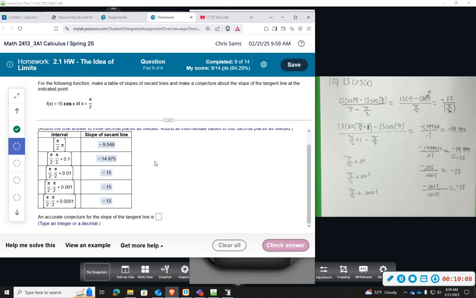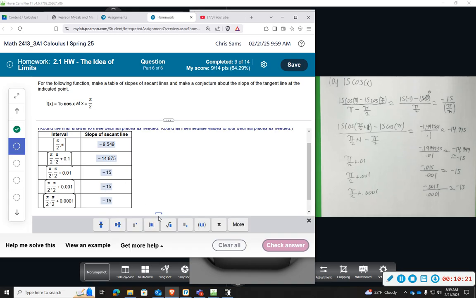Okay, so when we're estimating the slope of the secant line as it's getting closer and closer to that point, we can see that these numbers, when rounded, are getting close to negative 15.